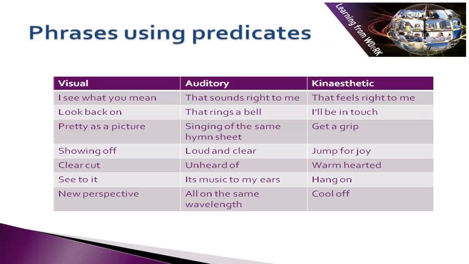Then in auditory, there are phrases like, that sounds right to me, that rings a bell, we're singing off the same hymn sheet, I hear you loud and clear, that's unheard of, it's music to my ears, we're all on the same wavelength. And then kinesthetic, there are phrases like, that feels right to me, I'll be in touch, get a grip, jump for joy, warm-hearted, hang on, cool off.